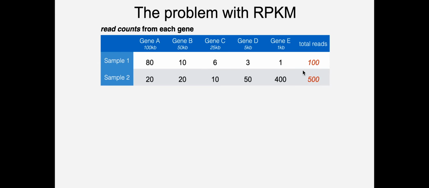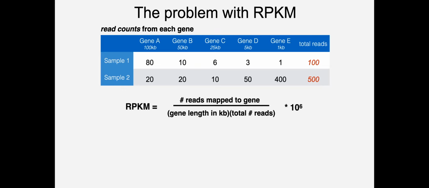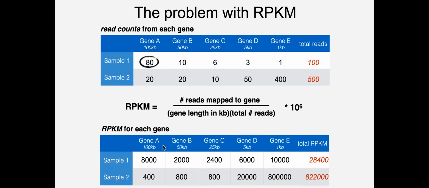And I've tallied up the total number of reads. So this would be your library, your sequencing depth on the sample. 100 reads deep on this sample, 500 reads deep on the second sample. All right, so remembering that formula I showed you, if we keep our eyes on one of these, the 80 reads mapping to gene A in sample 1 now becomes 8,000 RPKM for gene A in sample 1.